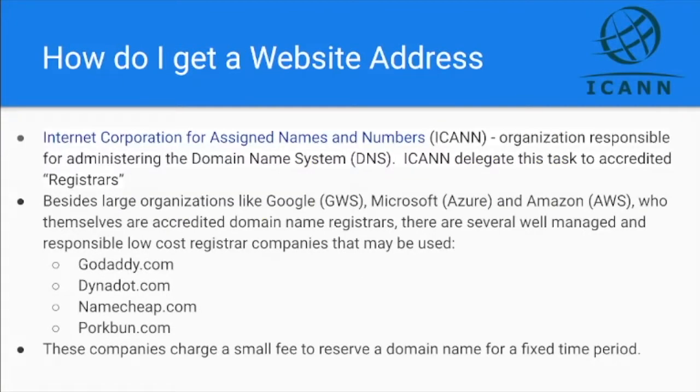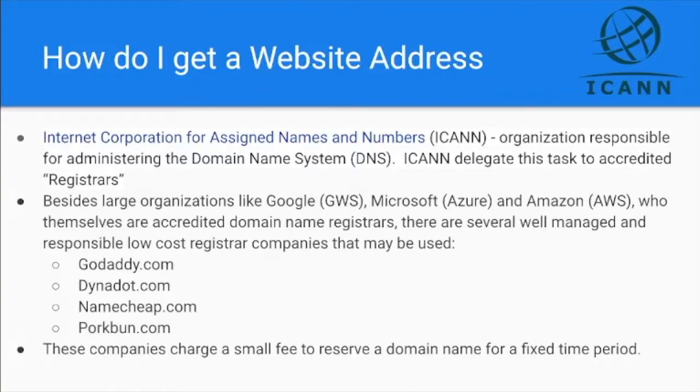So how do you get a website address? How do you get the domain name? Domain names are basically controlled by an international organization called ICANN. I guess they're a private organization, but do they have public influence? I'm not sure. You have to go read about them.